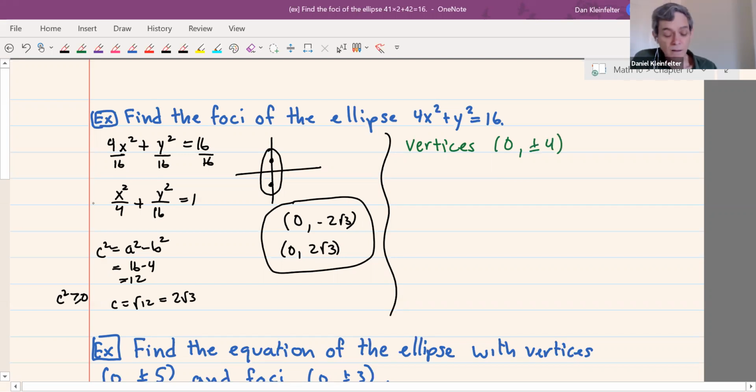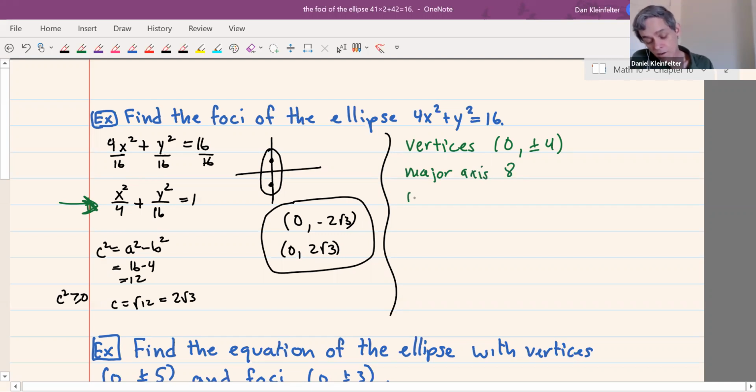Okay, take a look back at the equation. When x is 0, y squared will have to be 16, so y will have to be plus or minus 4. Okay, so that will make it so that the major axis is what? It's going to be 8, right?